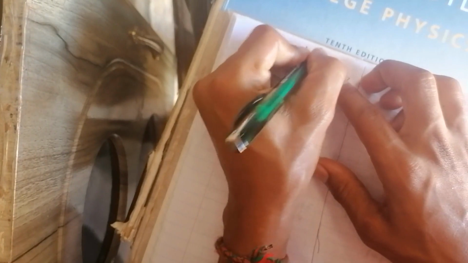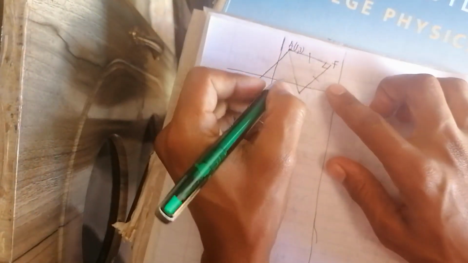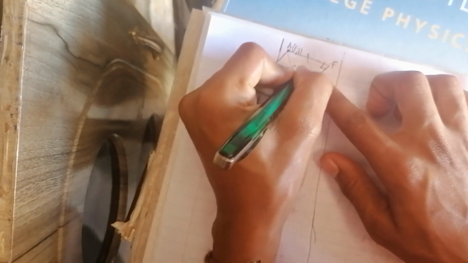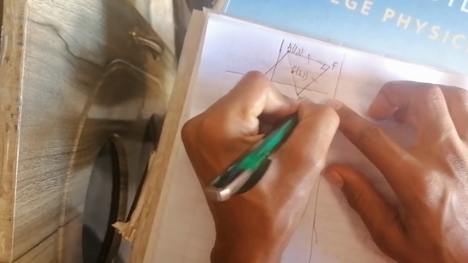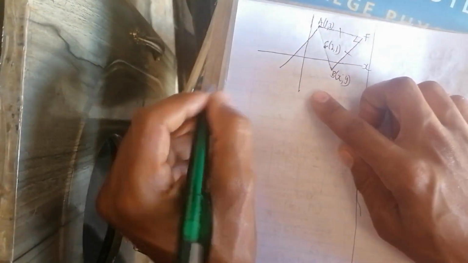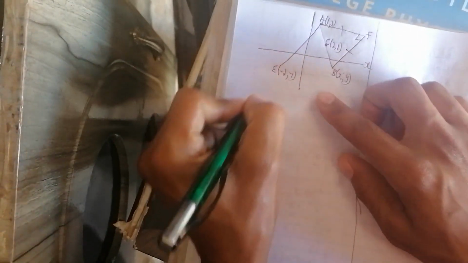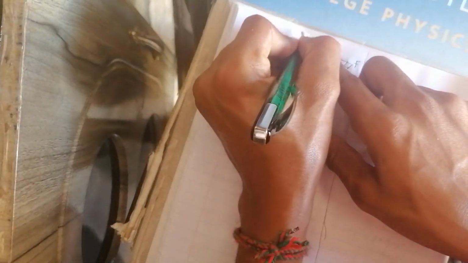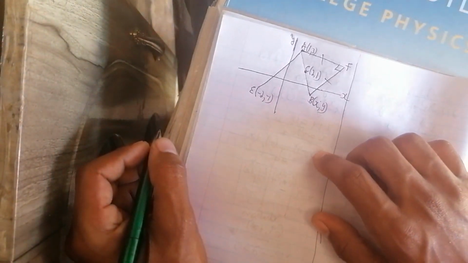We have A (1, 3), we have F, we have the midpoint C (2, 1), we have B (x, y). This is the x-axis. We have E (-2, -1). Remember, this is the y-axis. So this is what is provided to us.